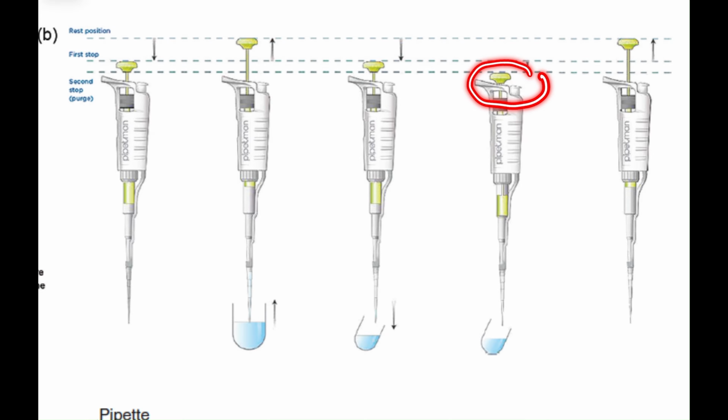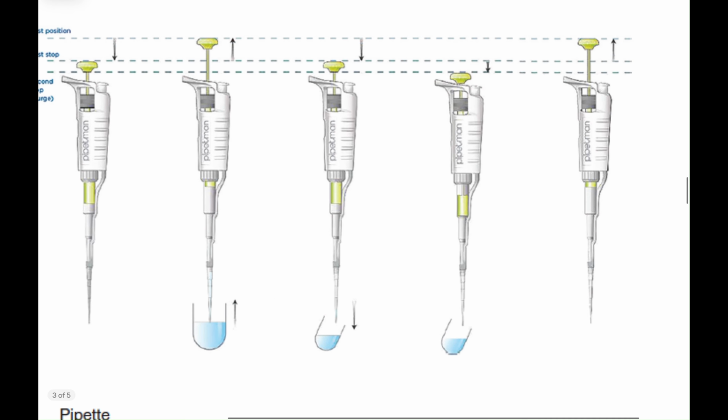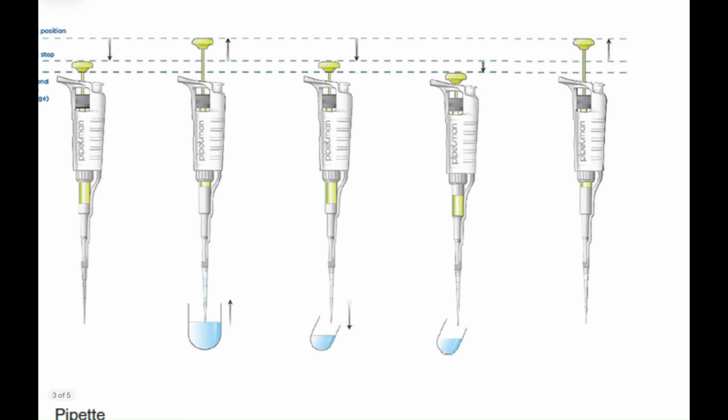You want to remove the tip carefully with the plunger still fully depressed. So here you're bringing the liquid up, here you're bringing the liquid down, and then you remove the pipette with the plunger fully depressed. You never want to lay a filled pipette on its side, and you never pipette without a tip attached.